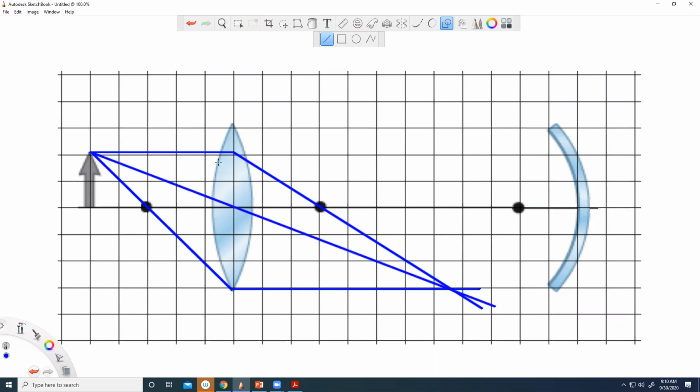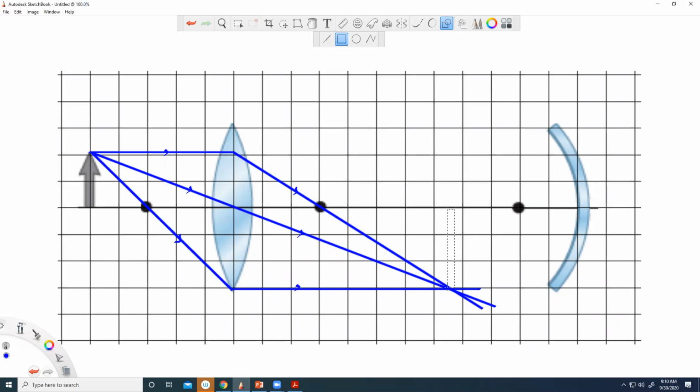Okay, like that. And then you need to draw arrows to show the direction of the rays. And you need to draw the image here. Let's see if I can draw.